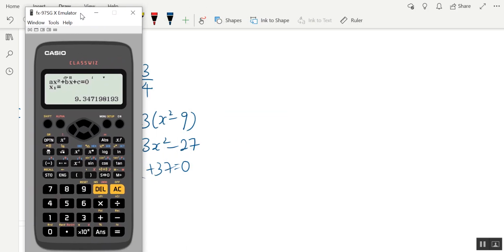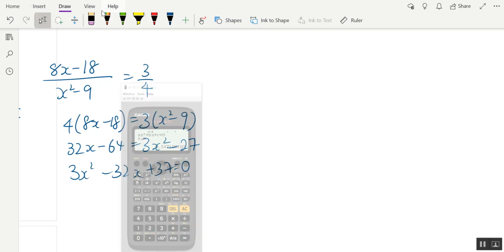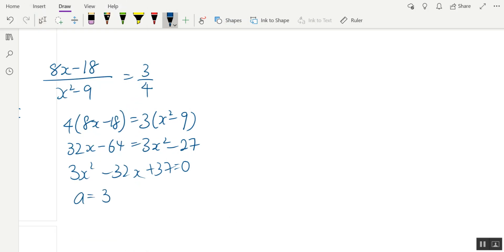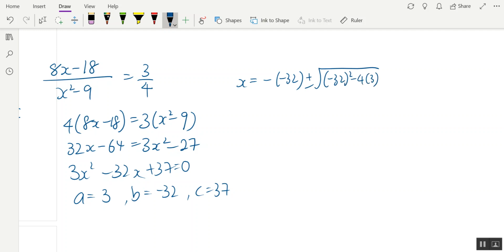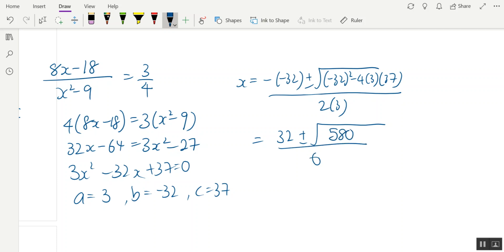So you have to present it in the form of the quadratic formula. A equals 3, B equals negative 32, C equals 37, x equals minus B plus minus square root of B squared minus 4AC over 2A. Just do a little bit of showing your working: 32 squared minus 4 times 3 times 37, and that will be 580 inside, over 6. Then don't evaluate that out because sometimes you will be careless.